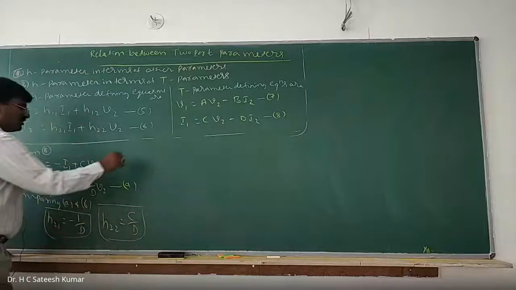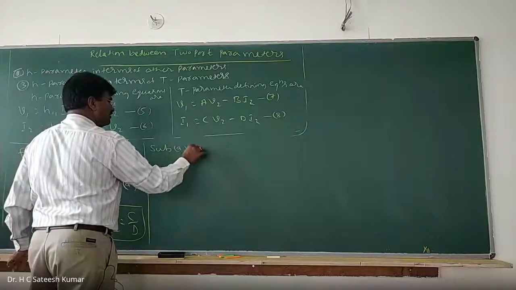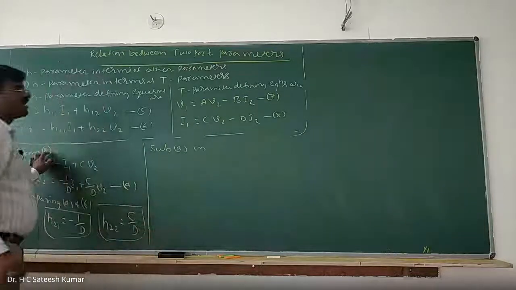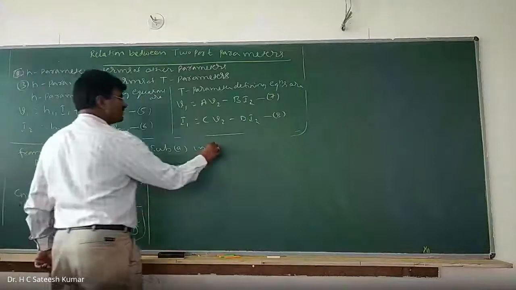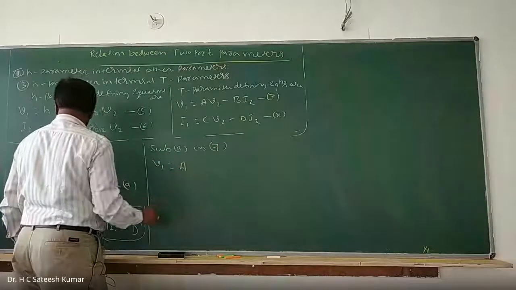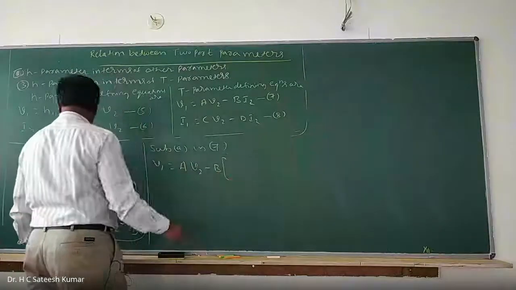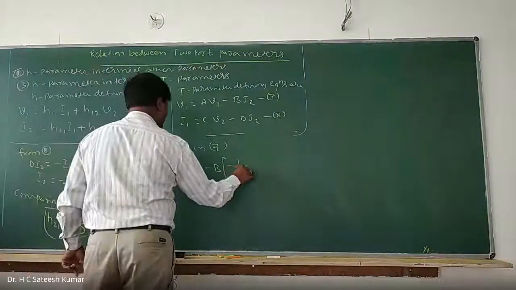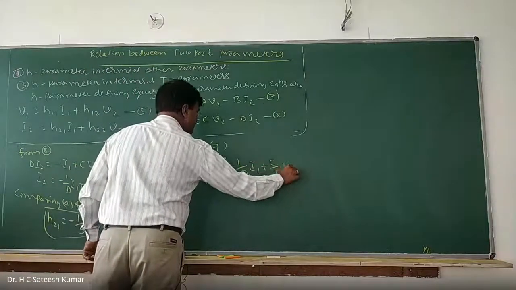Okay, right. Now, substituting A in, which one you have used? 8 I have used. It means I'll have to substitute in 7. Substituting A in 7, what will I get? V1 is equal to A into V2 minus B into I2. I2 is minus 1 by D into I1 plus C by D into V2.